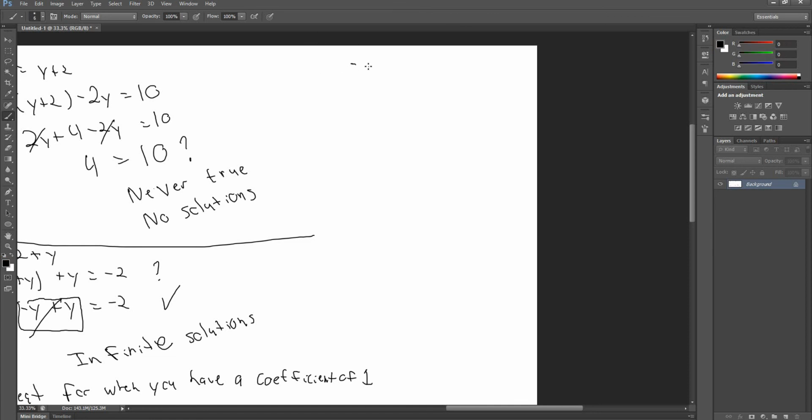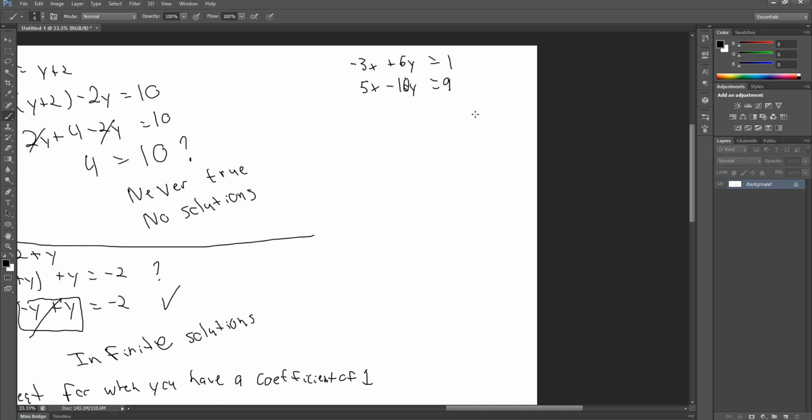So we're going to have negative 3x plus 6y is equal to 1, and 5x minus 10y is equal to 9.